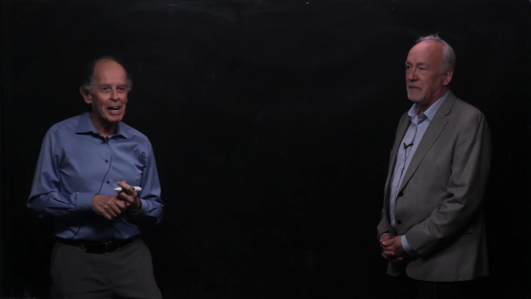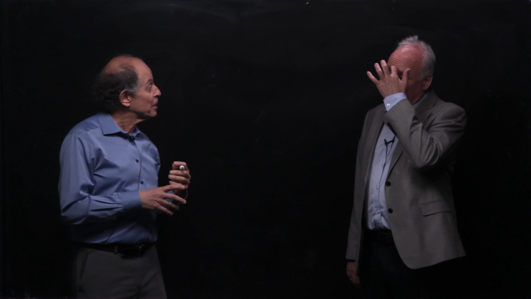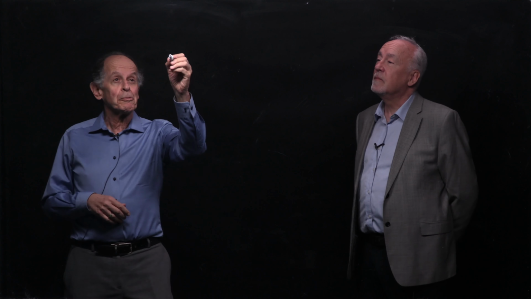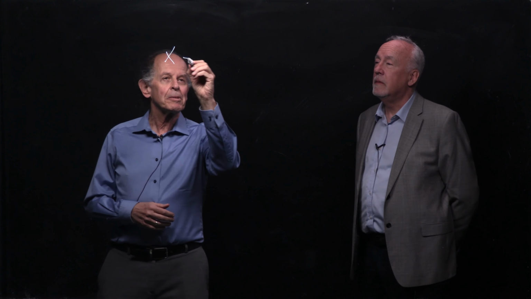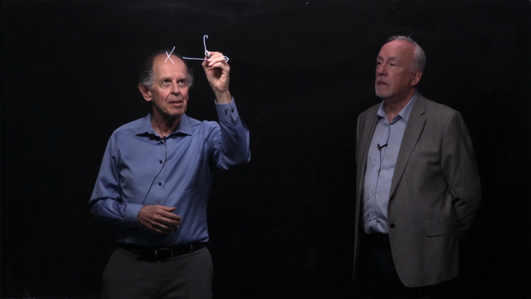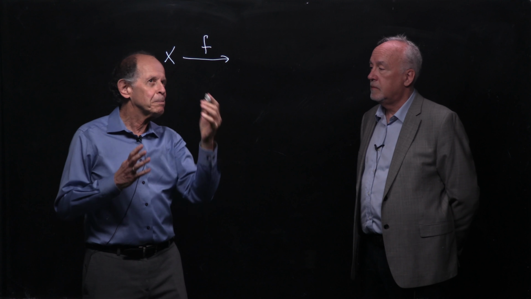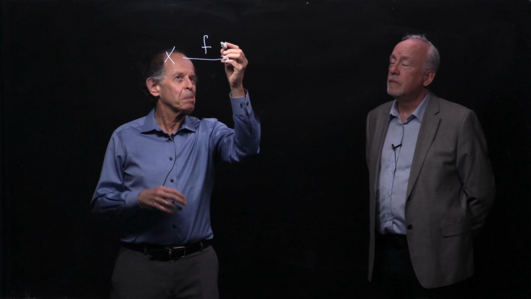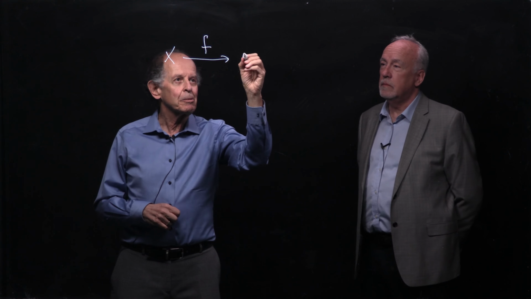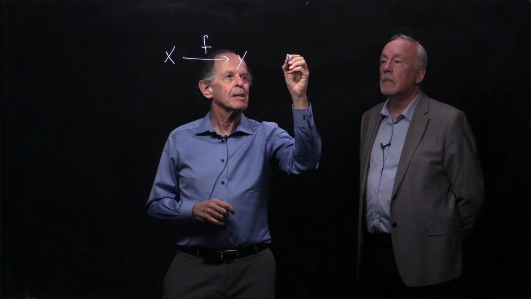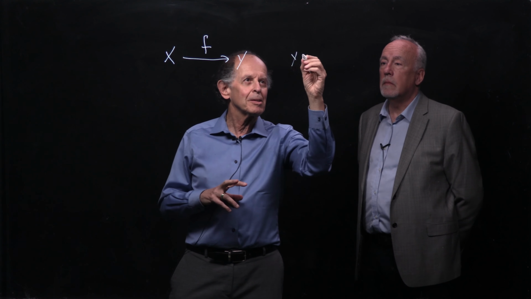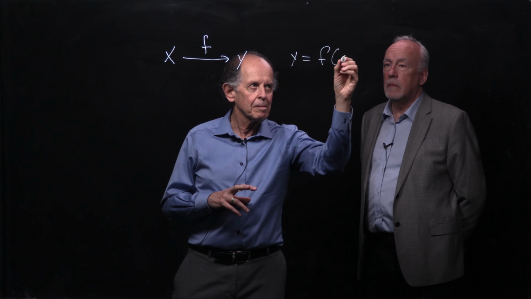Okay, fun is good. So I want to start with back to basics. If we have an independent variable x, and we have some function which we can call a map, it's a rule, it has special properties, and we get y. The way we have been writing that is y is equal to f of x.